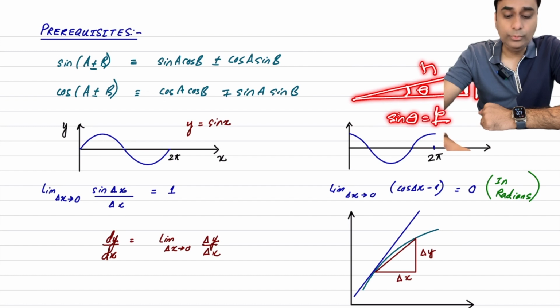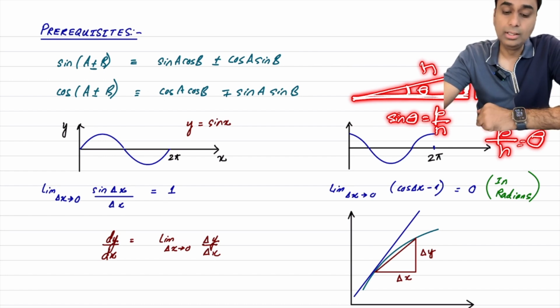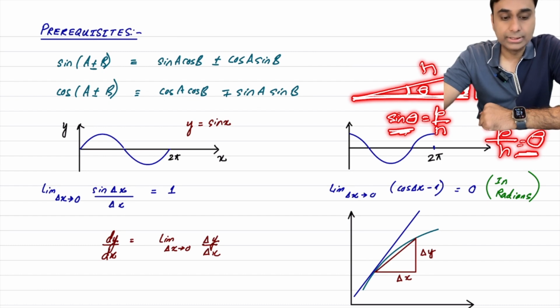And if you look at this as approximately a sector of a circle, then you can also say that p is equal to h theta, or p upon h is equal to theta. So it's just an approximation. We are talking about a very, very small angle, but what we need to identify is that if the angle becomes really small, then the sine theta value matches the theta value.